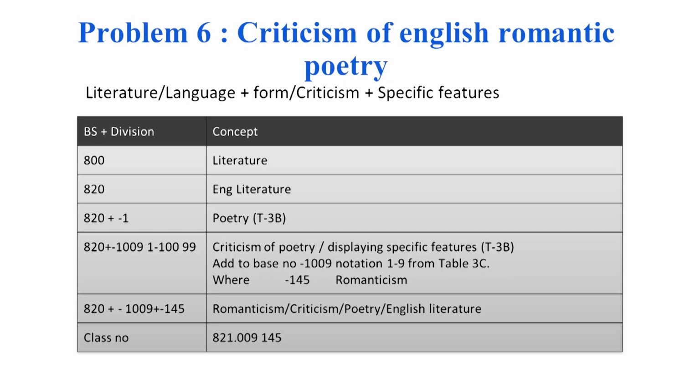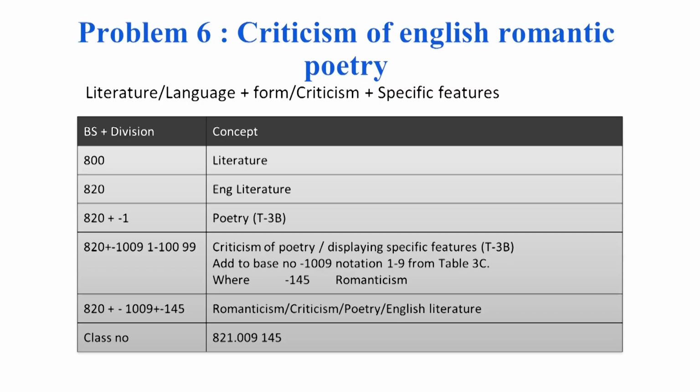Under this one an add note is there: add to base number dash 1009 notation 1 to 9 from table 3C. Similarly, we have to go to table 3C. There we have to search the romanticism number and we will find dash 145.